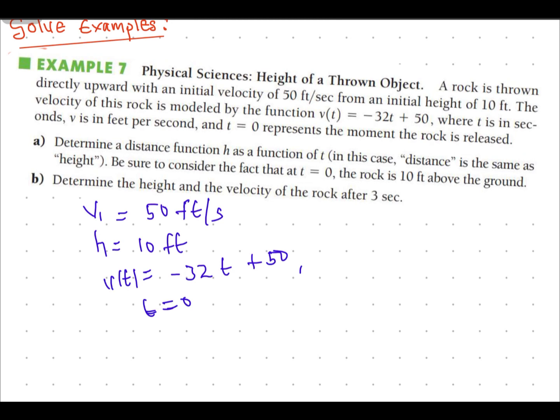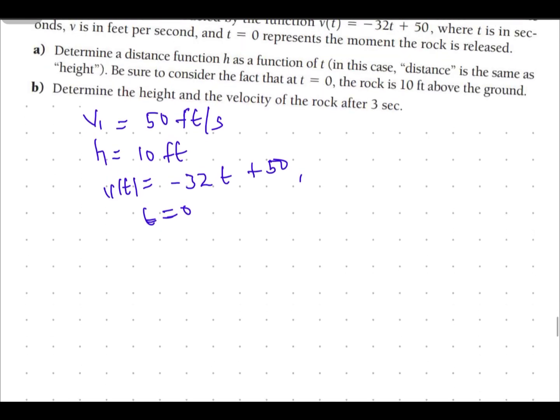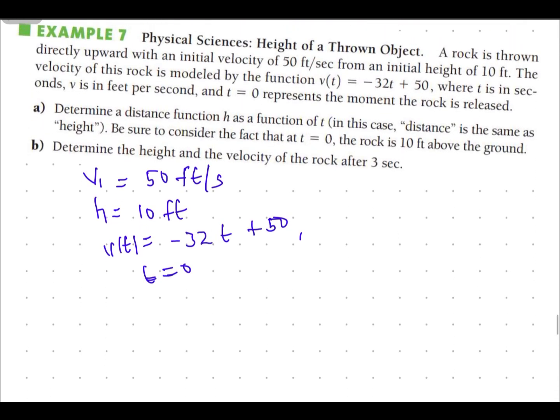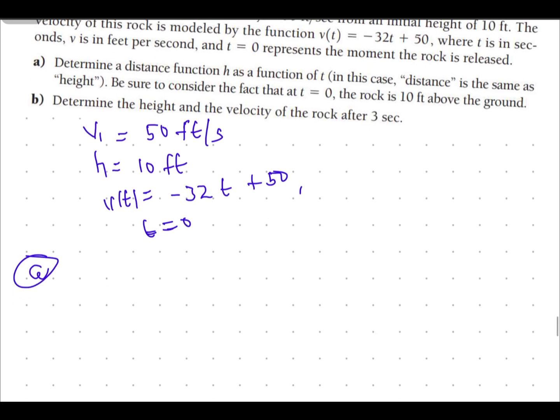The question is telling us to determine a distance function h as a function of t. In this case, distance is the same as the height. Be sure to consider the fact that at t equals 0, the rock is 10 feet.